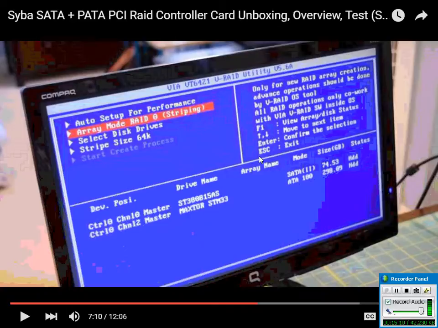Basically, you're going to set the block size. Some amount of block data will be stored in disk 1. For example, 8 KB of data will be stored in disk 1, and 8 KB of data will be in disk 2.